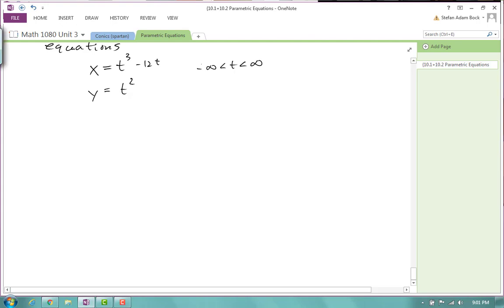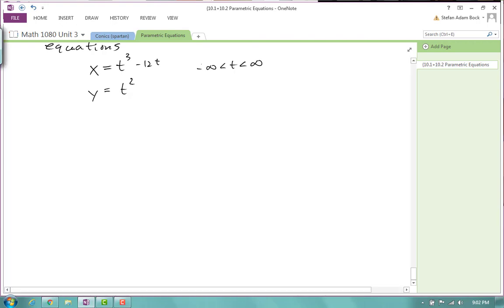Now my y-coordinate suggests there's going to be some kind of symmetry involved, but I don't want to make any huge leaps of faith, so I'm just going to try to graph it normally. I'm going to look for some of the same things we normally look at, like from chapter 4.